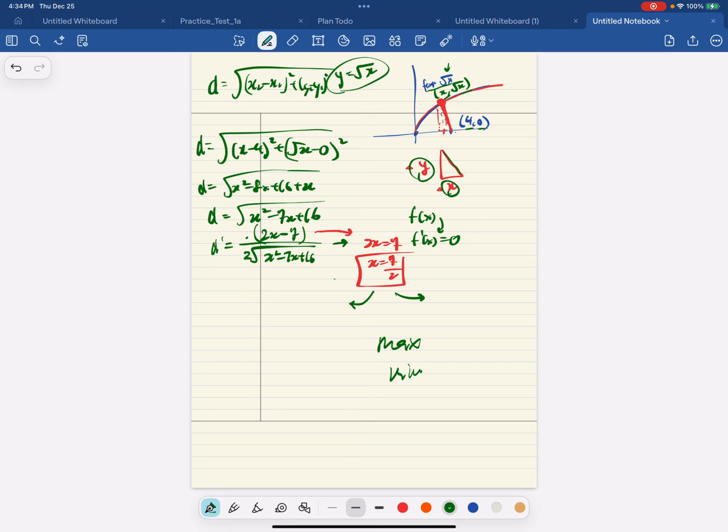If you found a maximum, it should go up and then go down, because the middle should be the highest. If you found a minimum, it should be going down and then go up after, so that whatever in the middle you found is the minimum. And by up and down, it just means that the slope is positive or that the slope is negative. Same here. If the slope is negative and then the slope turns positive, then you know that you found a minimum. Otherwise, you found a maximum.